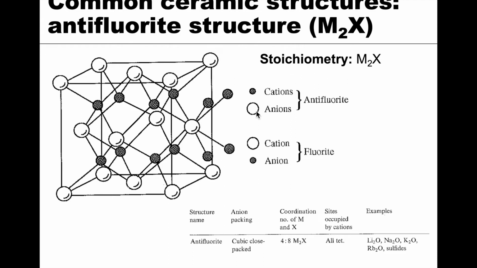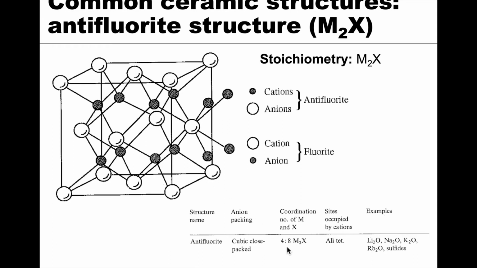In this version, the anions do form a close packed array. This is the FCC close packed structure of the white, which is the anion in our case. And then the cations are in the tetrahedral sites, but in this case, they're filling all of them because we see 1, 2, 3, 4, 5, 6, 7, 8. So that's all of them.